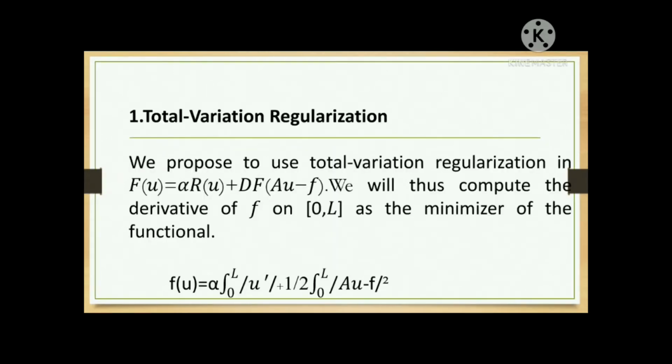First is the total variation regularization, also known as total variation denoising. This is a process most often used in digital image processing that has application in noise removal. It is based on the principle that signals with excessive and possibly spurious detail have high total variation.